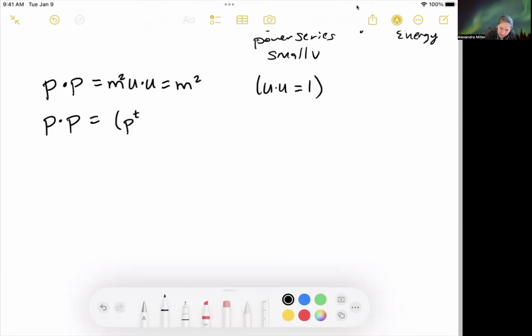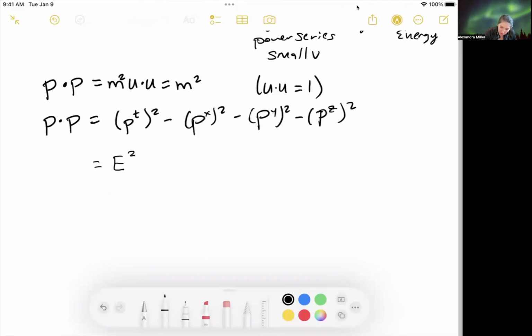So pt squared minus px squared minus py squared minus pz squared. That first term is just our relativistic energy squared. And then that second piece is just the magnitude of our three momentum squared.